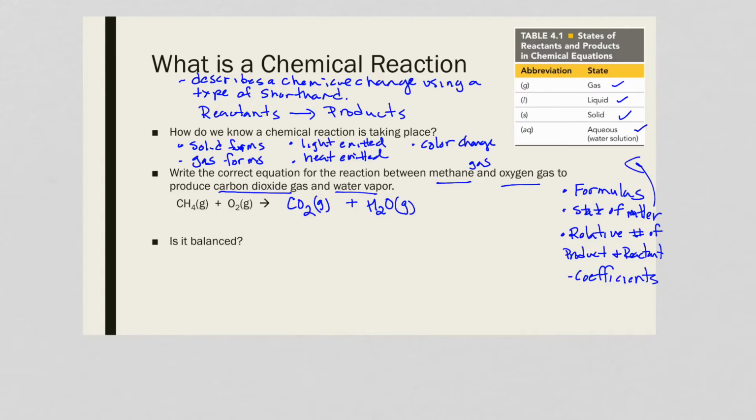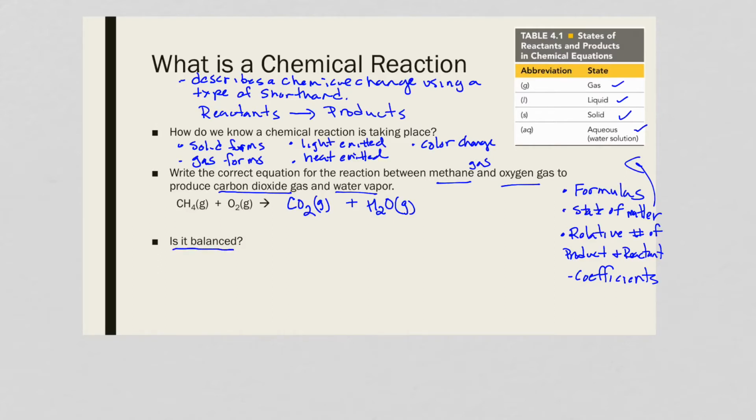Now, the one last and maybe the most important or second most important thing. We have to be able to predict or write out the reactants and the products, right? But the second thing is to see, is it balanced? And what do we mean by this?